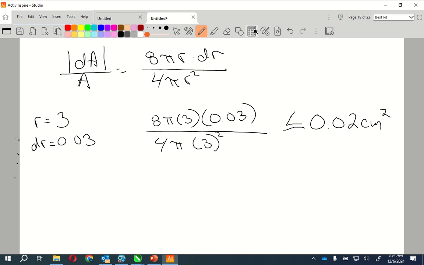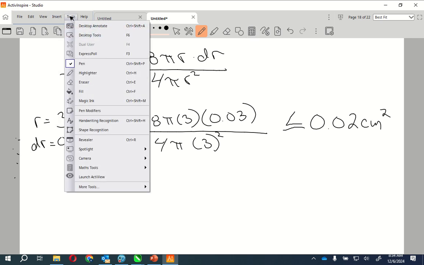So that's my tolerance on my area. It's got to be less than that. The surface area of the volume.